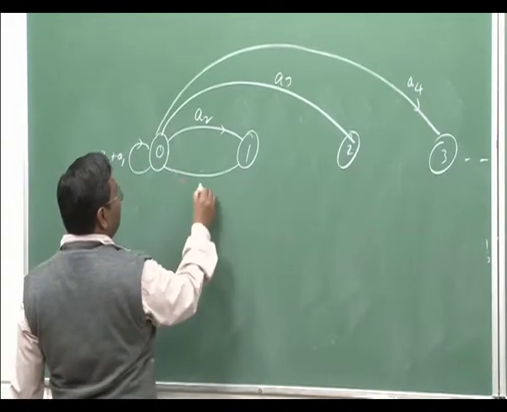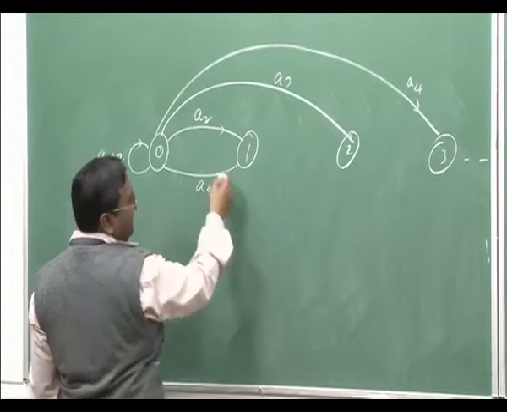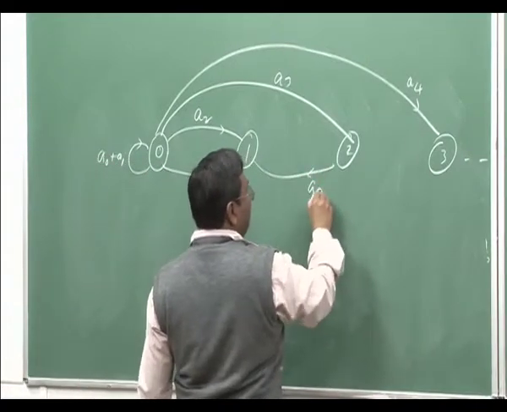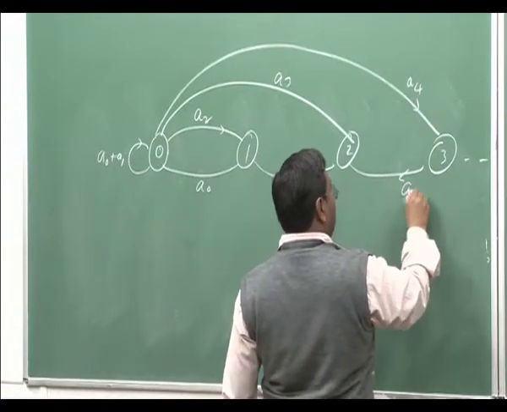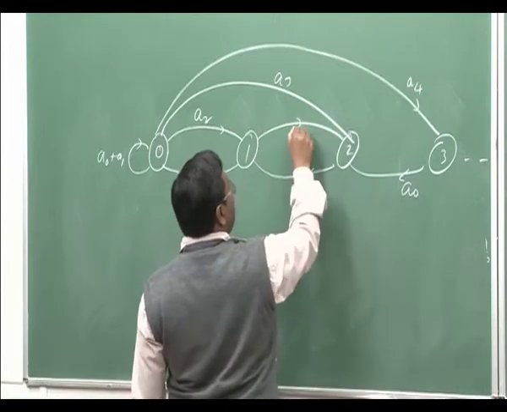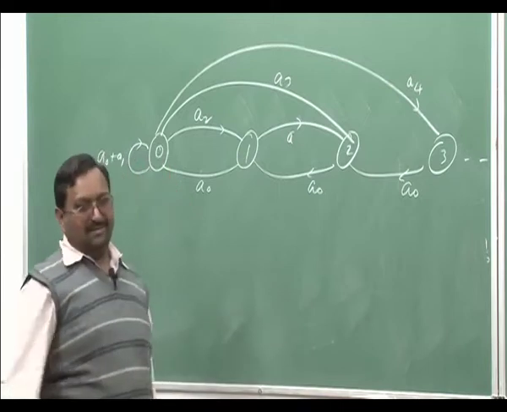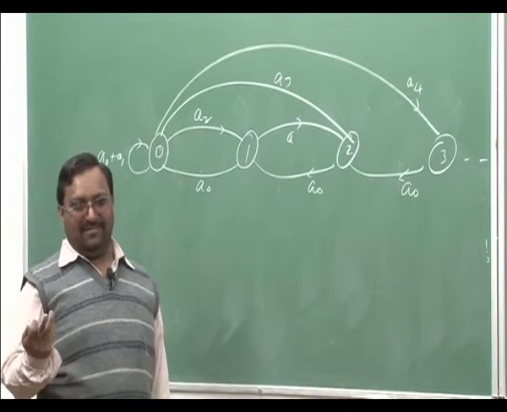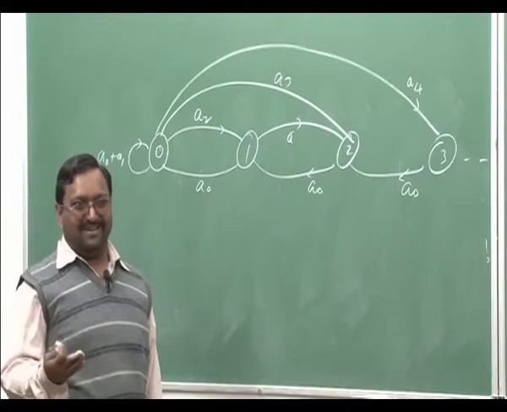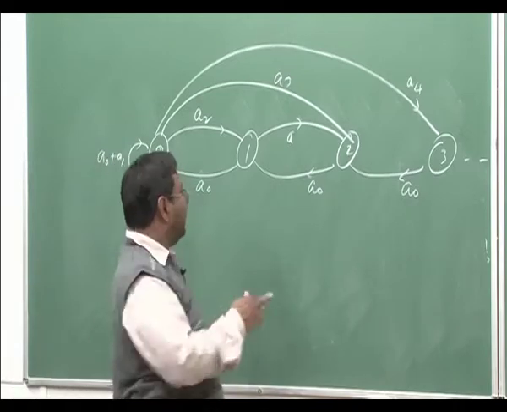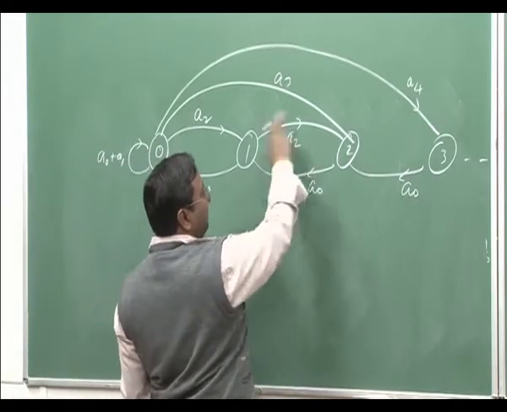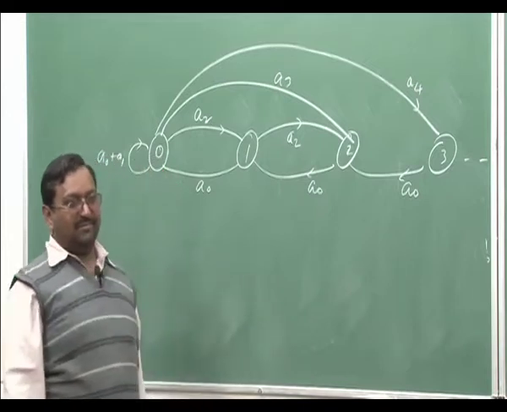From 1 I can come back, if no packet is there, one packet will go out. If there is one packet, I need 2 packets to come in, because one will be going out. One packet is going out, 2 packets come in, A2, then only I will come to state 2.